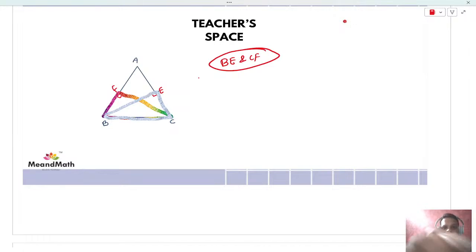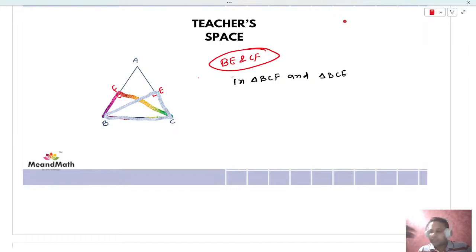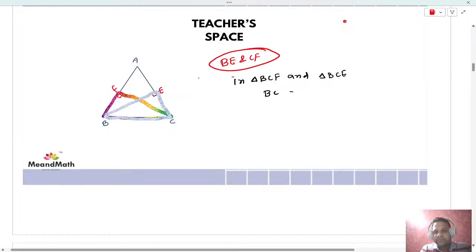Okay, so consider two triangles, triangle BCF and triangle BCE. Now what is common and what is not, we are discussing now. BC and BC both are equal because they are common.